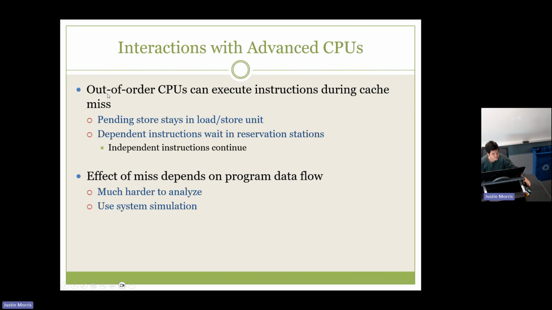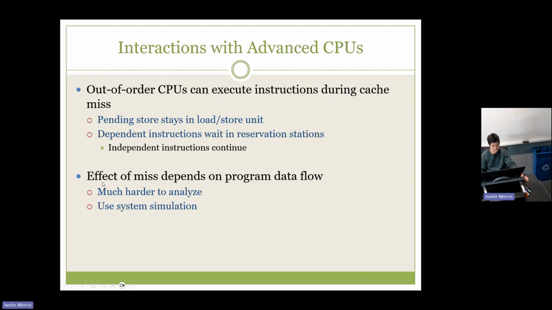And beyond out of order CPUs, one of the topics that one group is working on is simultaneous multithreading. You guys will talk about simultaneous multithreading and how it's very similar.